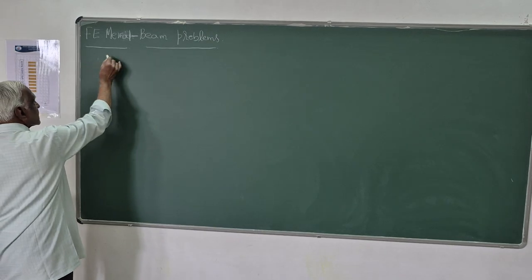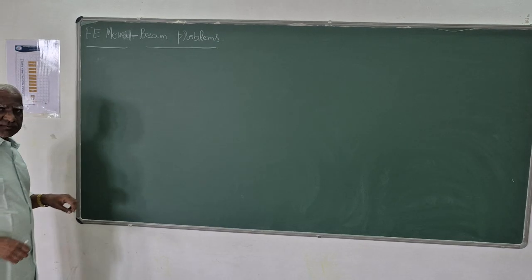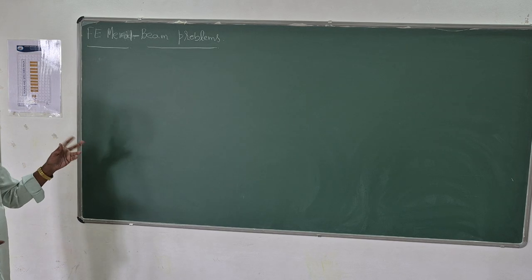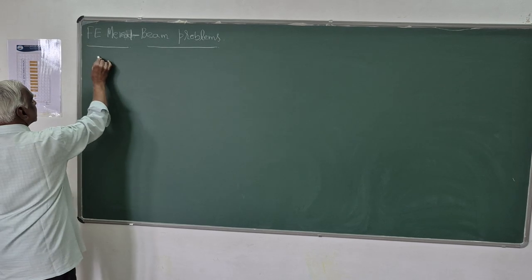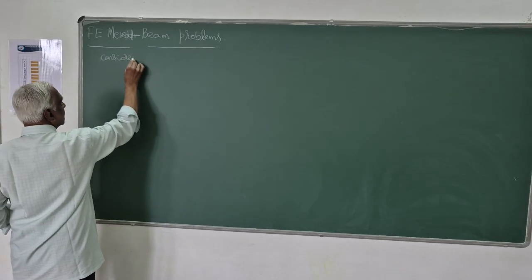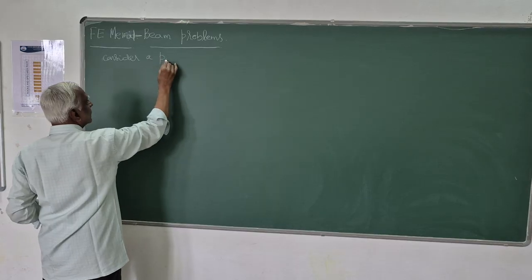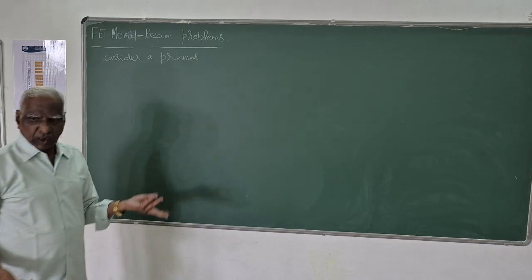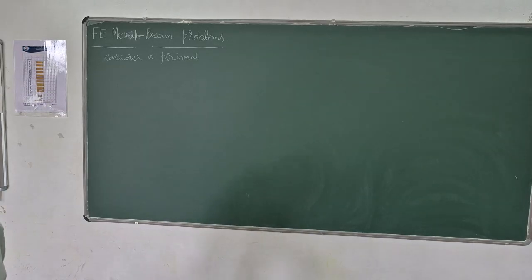First, let us derive the stiffness matrix or element property for the beam. Step 1: consider a prismatic or non-prismatic beam; it can be used for both.